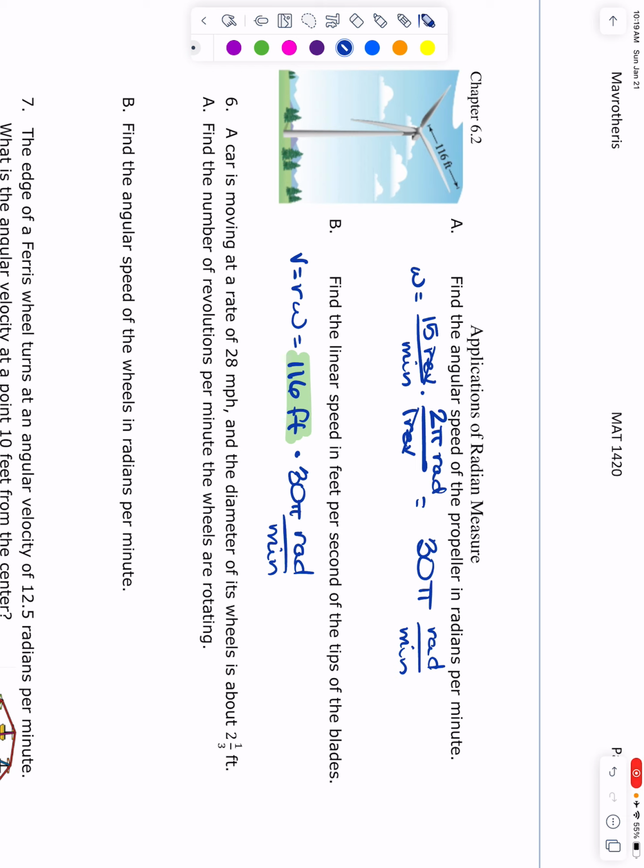Again, radians is already unitless. So if we ignore this, I have feet over minute, 116 times 30 pi feet per minute. So we're going to go ahead and multiply that.